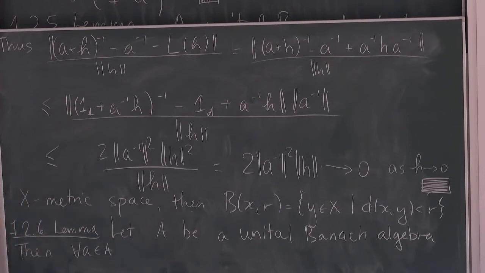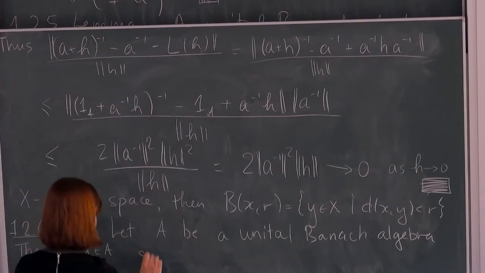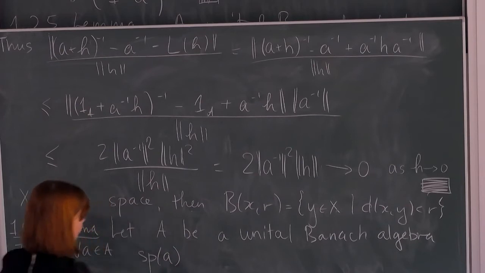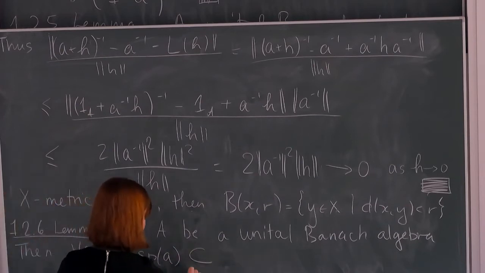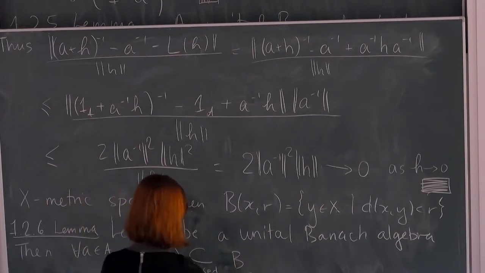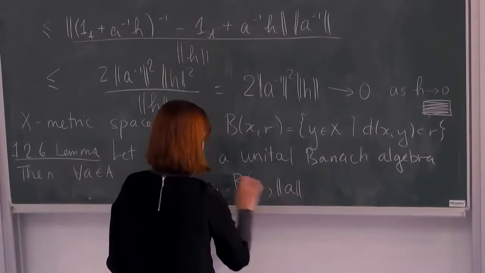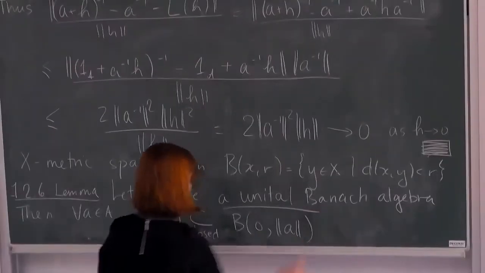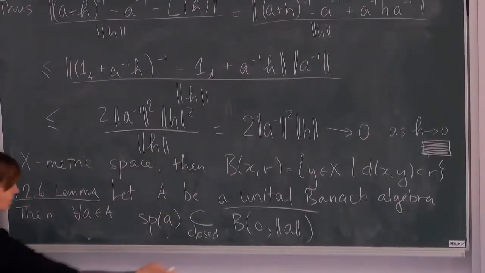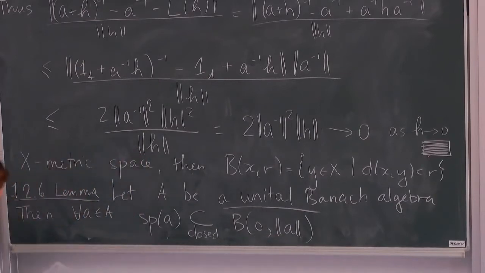So for any A in the algebra, the spectrum is a closed subset of the closed ball around 0 of radius the norm of A.